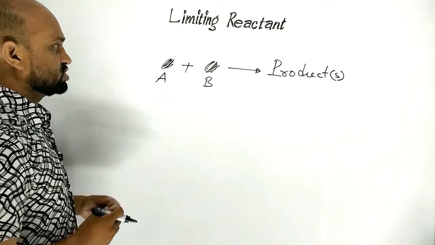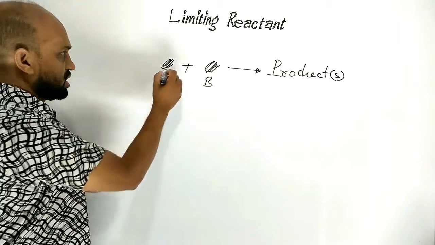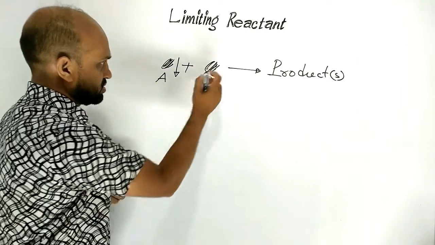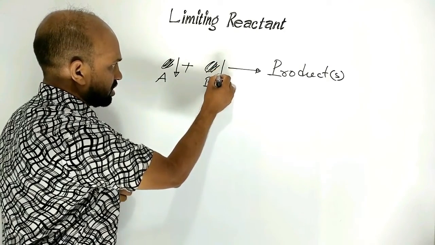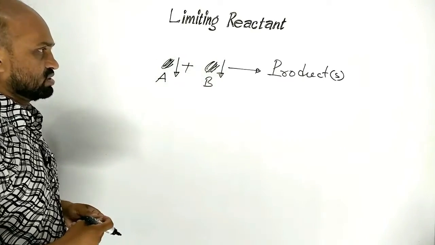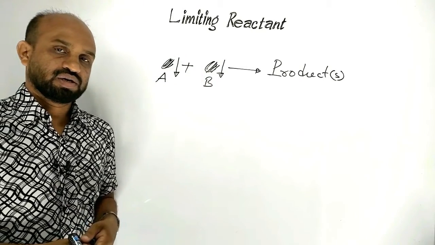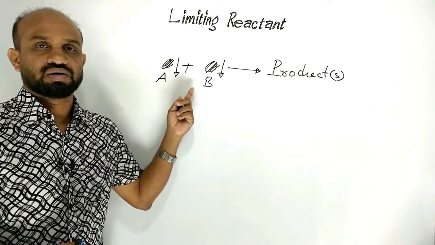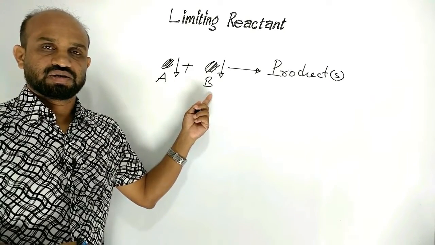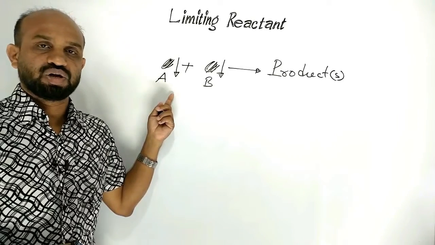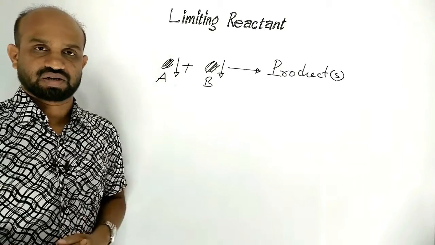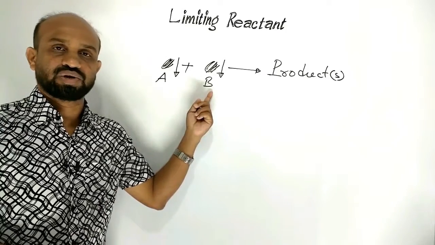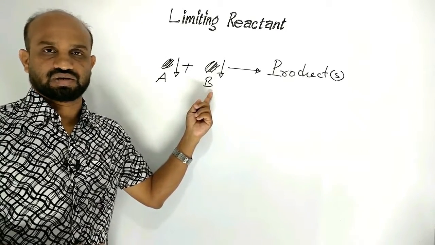With the passage of time, the amount of A will decrease and at the same time the amount of B will decrease. But if A is finished earlier than B, then A will be called the limiting reactant and B will be called the excessive reactant.